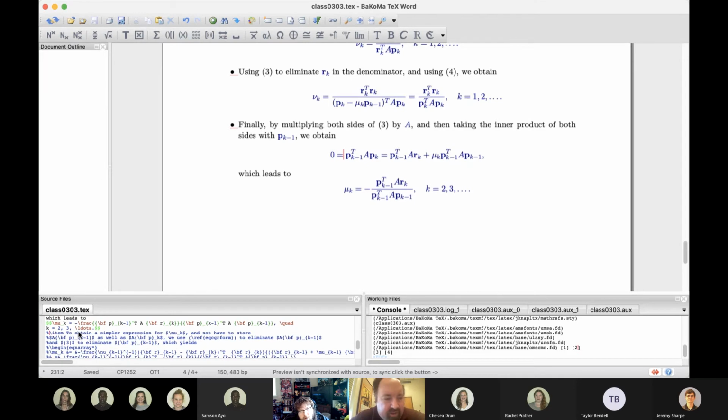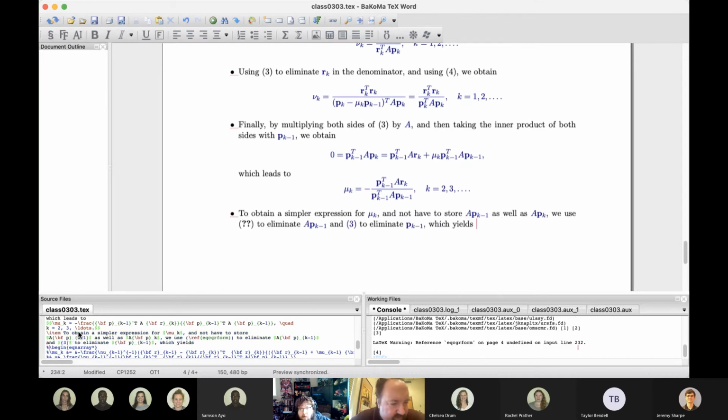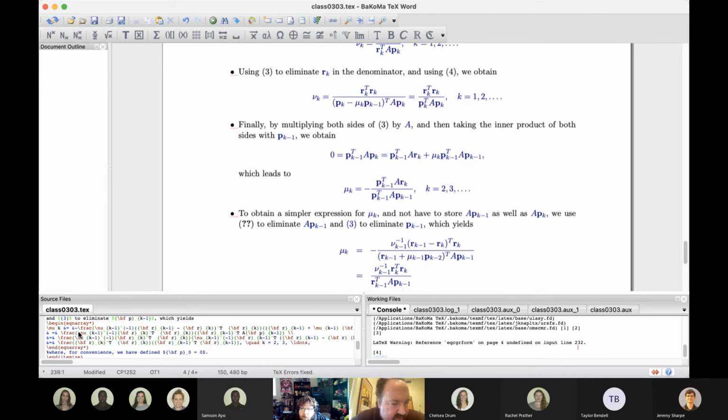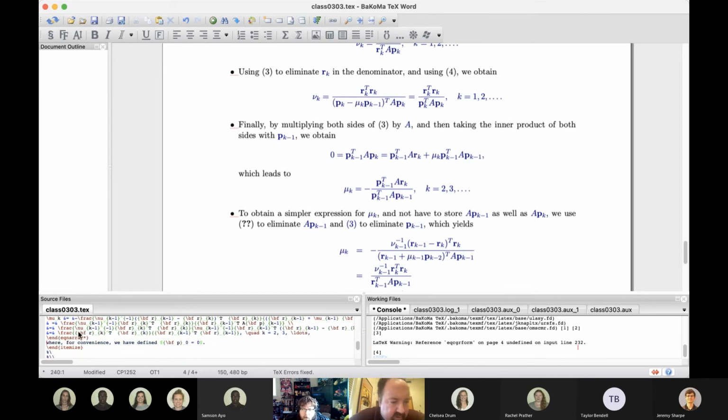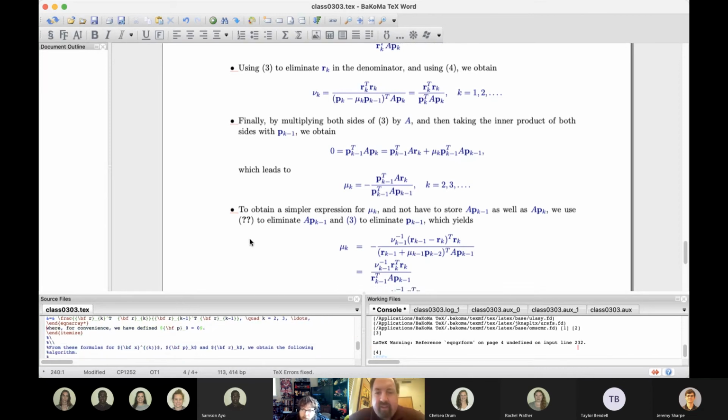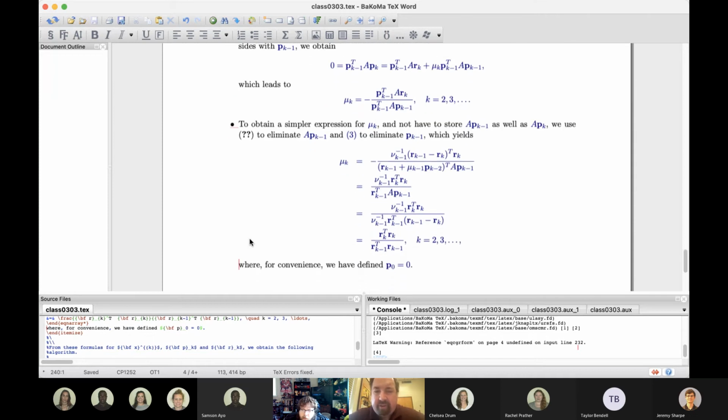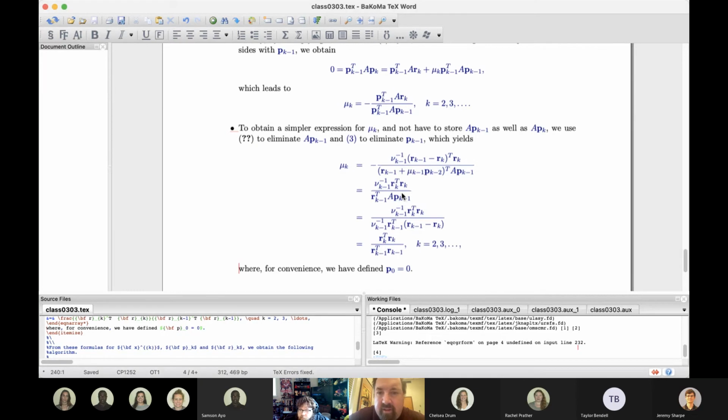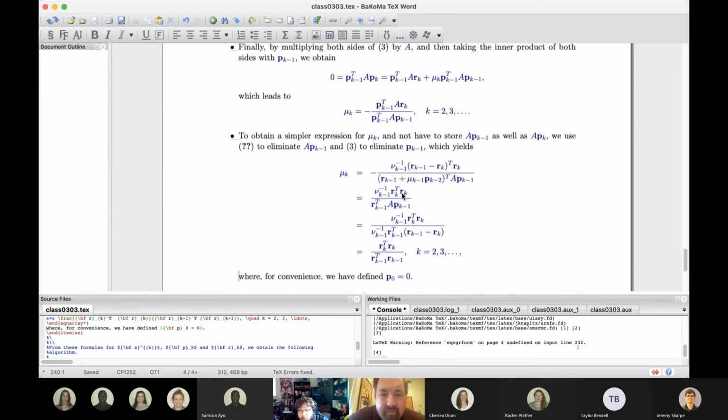Now, that's something, but I want to try to simplify that if I can. We're just about done, I swear to God. Which is equation 5.